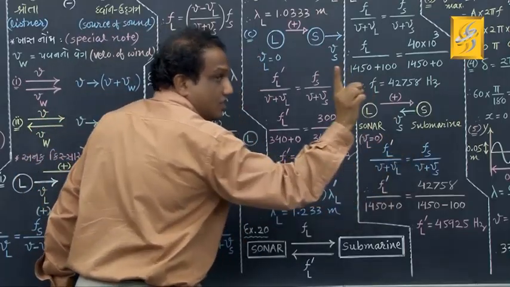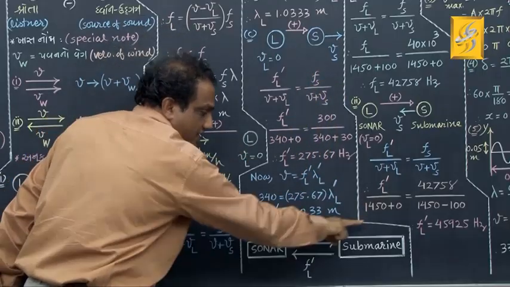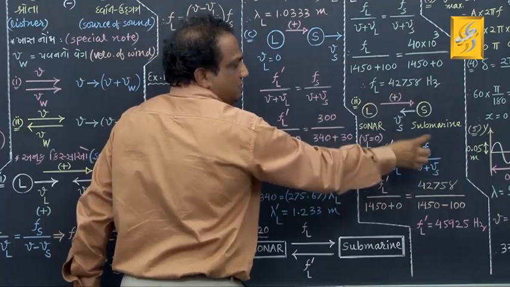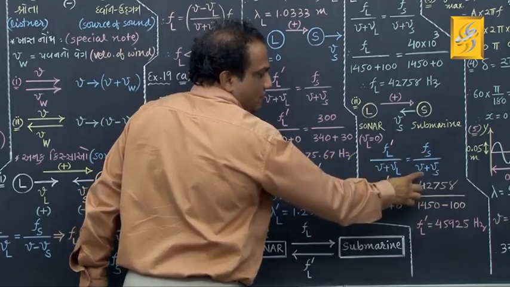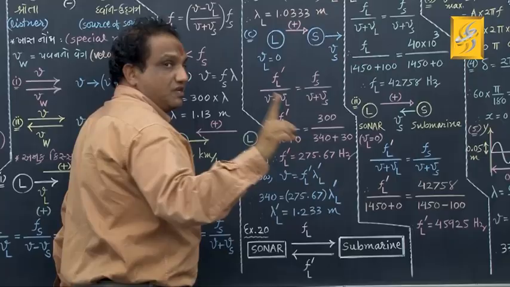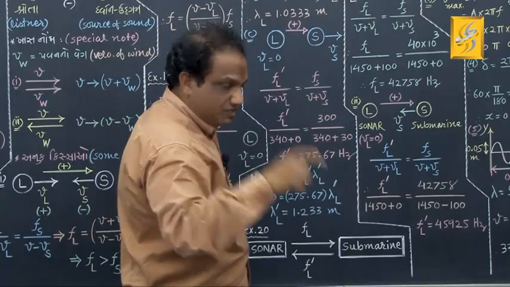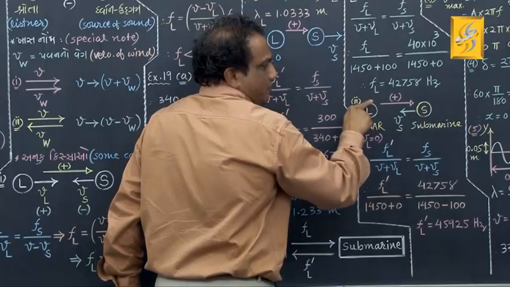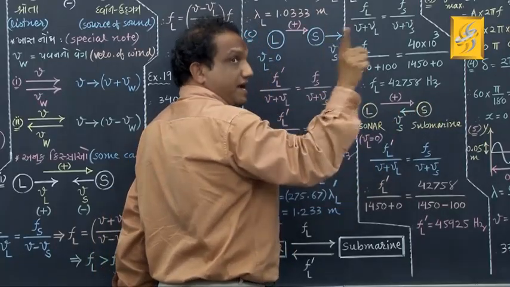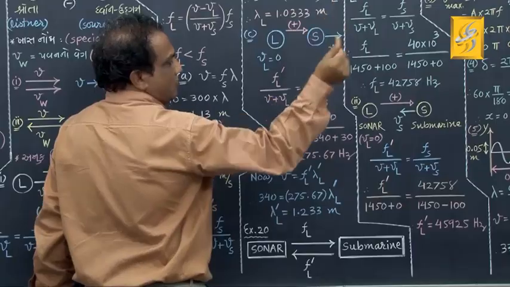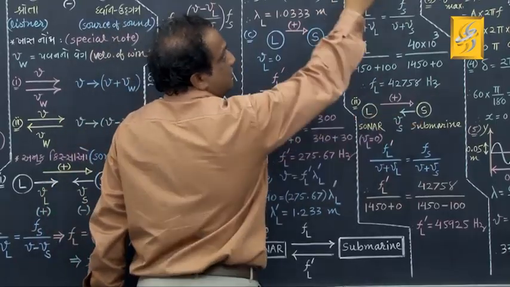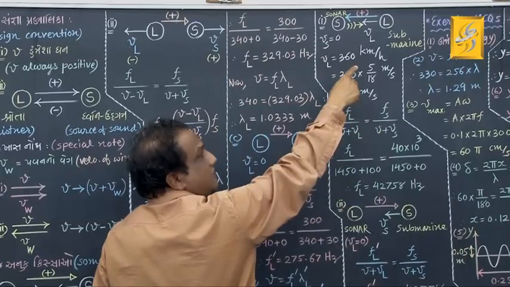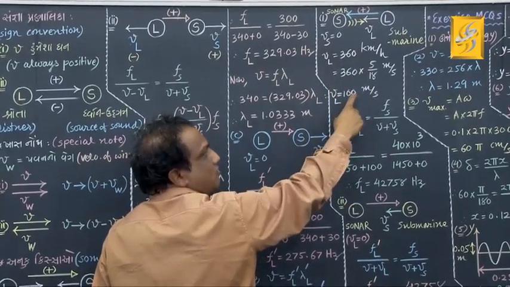This is the frequency of the sound wave which is made incident on the submarine, and that frequency is 42,758. Velocity of sound wave in water is 1450 meter per second with plus sign. What about Vs? Because this direction is opposite to that, I should take this Vs as negative. Earlier Vs was the velocity of the submarine, given as 360 kilometer per hour, which we converted into meter per second and it came out to be 100.